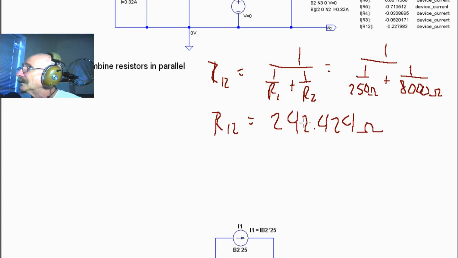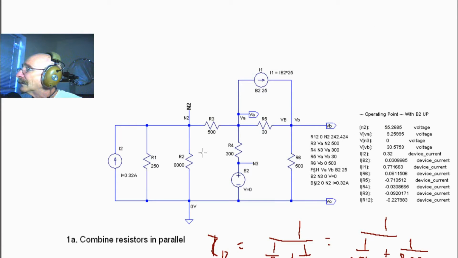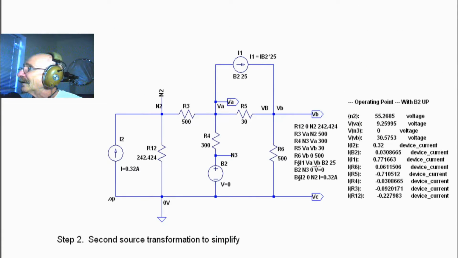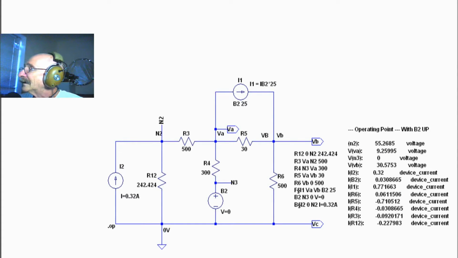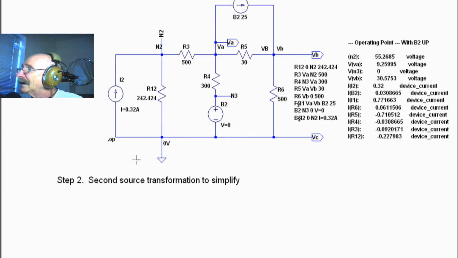We combine these two resistors in parallel, and now we have a current source parallel to another resistor, and we can do yet another source transformation here.